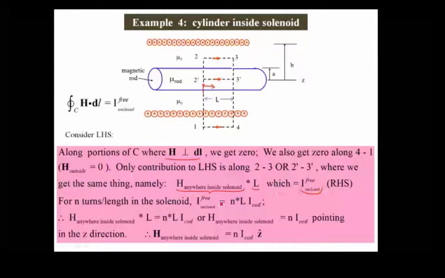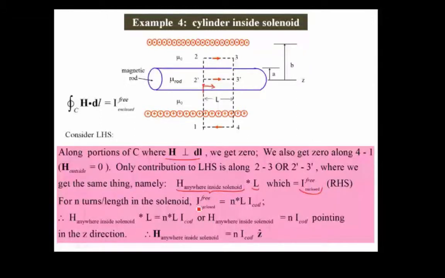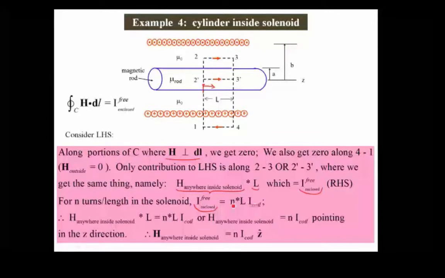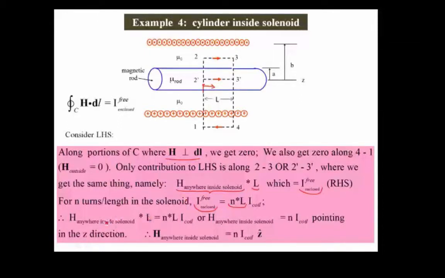We'll go back to the solenoid problems we've done before. We have to multiply the current in each coil by the number of turns, and that's just going to be the number of turns per unit length times capital L. If we put all that together, then we have H times L equals this quantity that has an L in it.